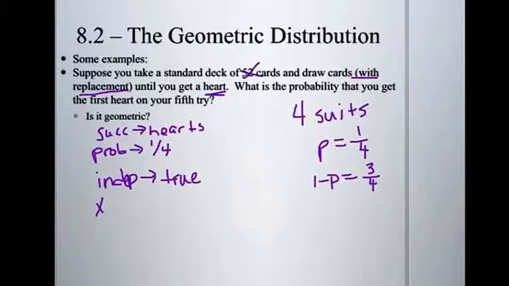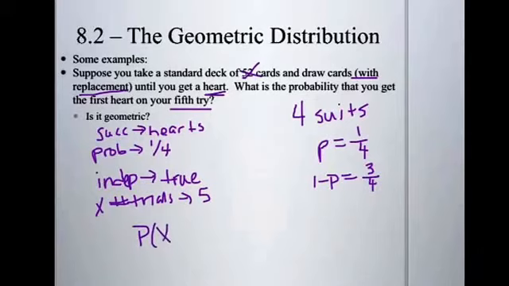So what is the probability that you get a first heart on your 5th try? So we're doing the number of trials, and that is for the 5th time. So that is a geometric distribution. For this, I'm looking for the probability that x is equal to 5, that on the 5th trial, I get my first heart. Well, that means I didn't get hearts how many times?